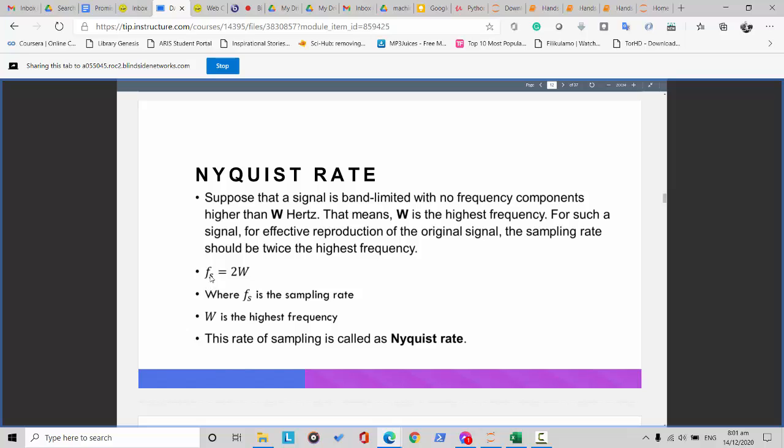So you can see here the sampling frequency should be twice the highest frequency. W is the highest frequency and Fs is the sampling rate, and this rate of sampling is called the Nyquist rate.